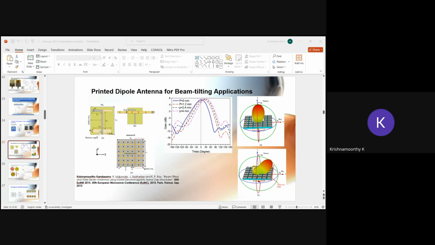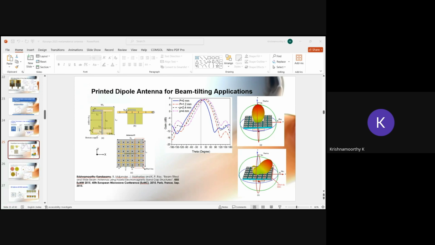Those kinds of structures we can use as the superstrate. Then we can improve the gain of the antenna, because as the radiation from the antenna passes through the structure, the electromagnetic wave gets focused in the far field. So we can get the gain improvement. This is one application for the superstrate.